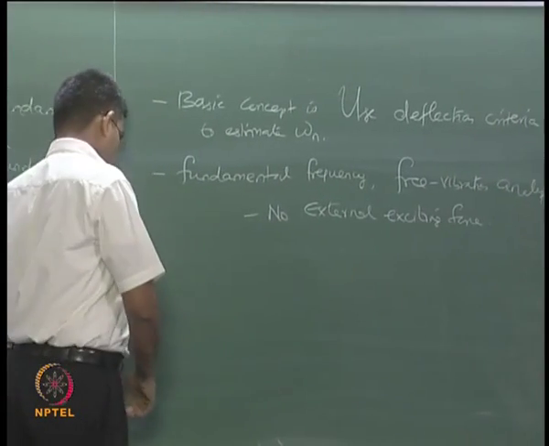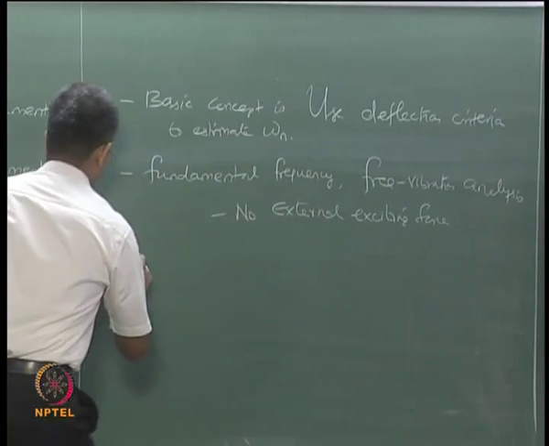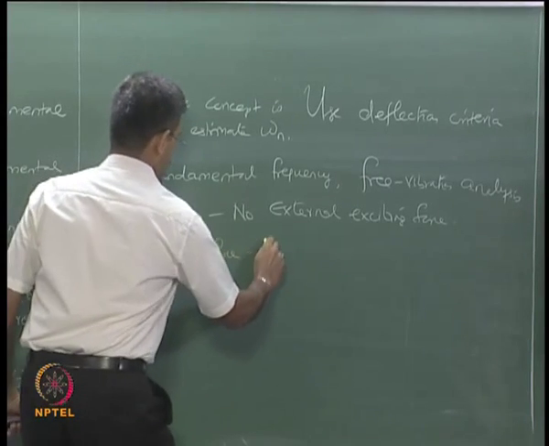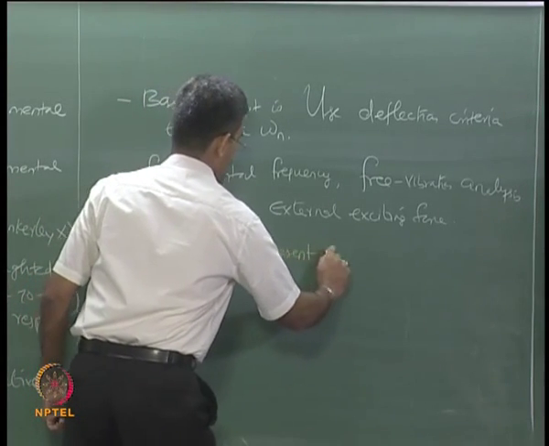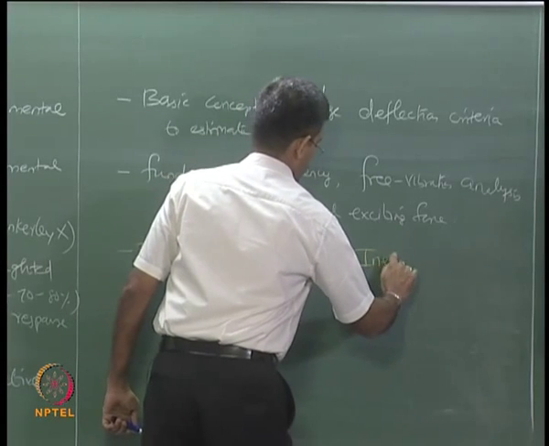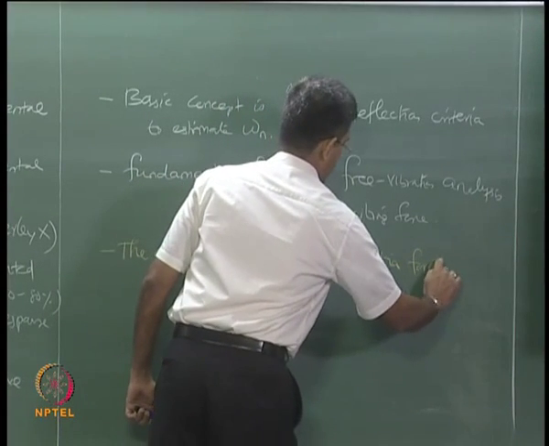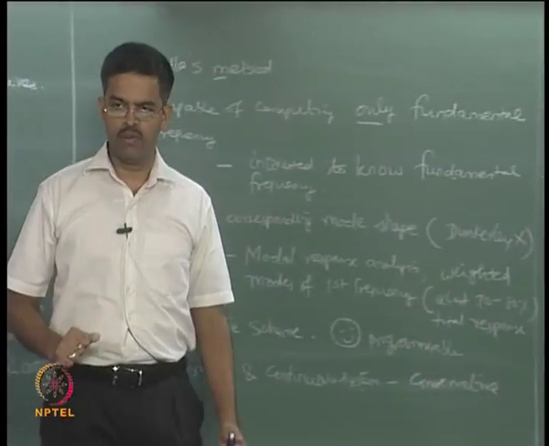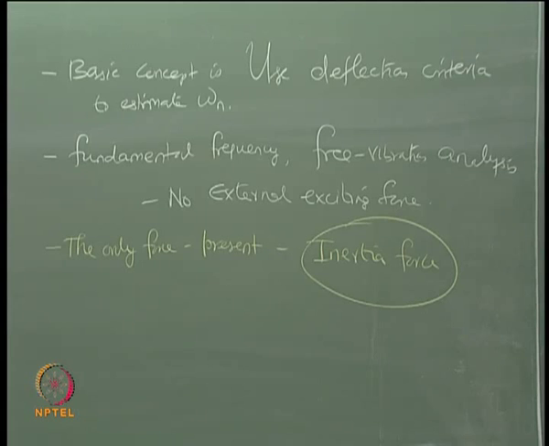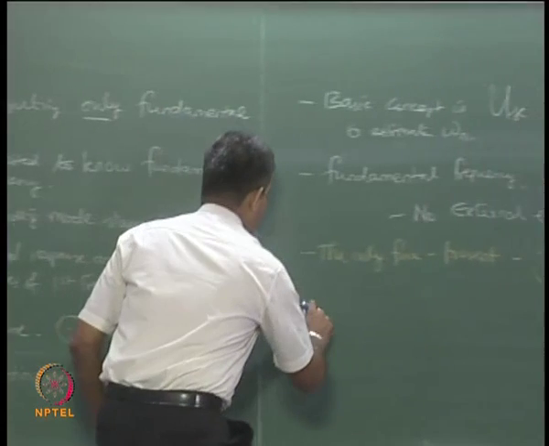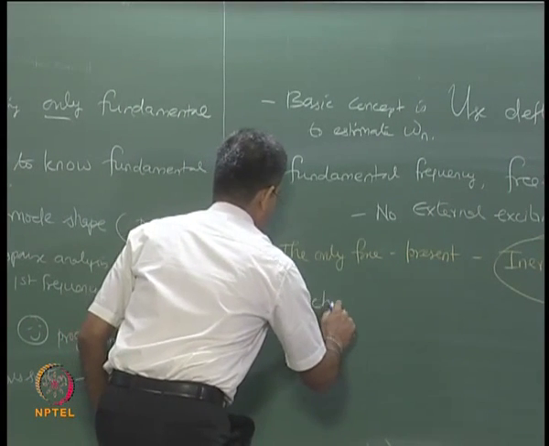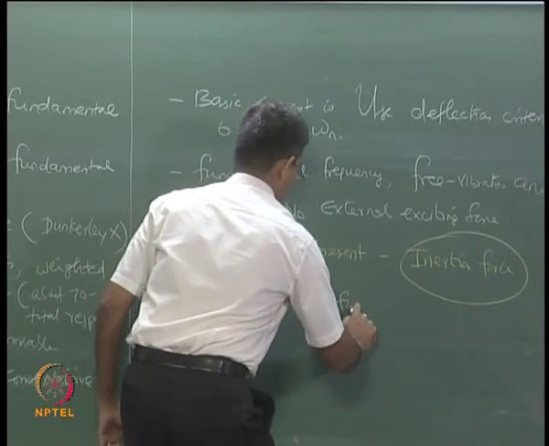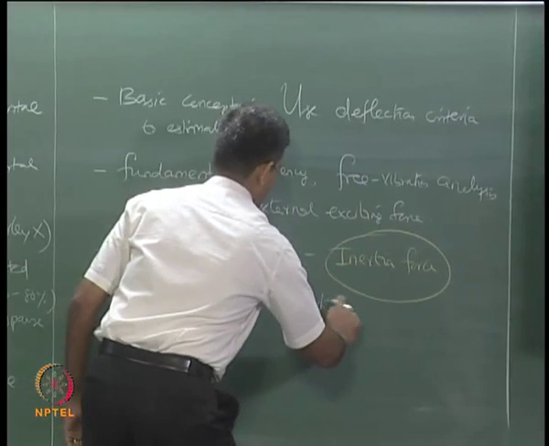Now, what is that fictitious force present in the system? The only force which can be present in such situation is the inertia. So, the method circles around the inertia force of the problem. Therefore, the method is very effective and popular for inertia dominated systems.